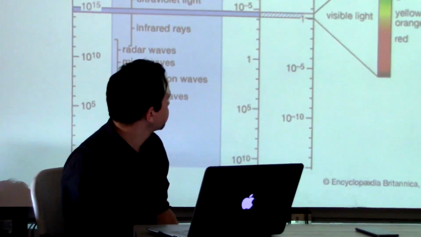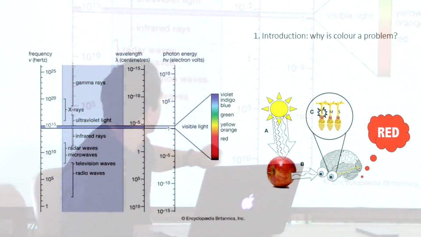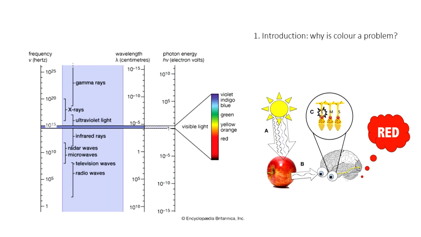So this is just what I explained. You have different wavelengths, right? There's just a little portion that's called visible light, and that supposedly impacts your eyes.